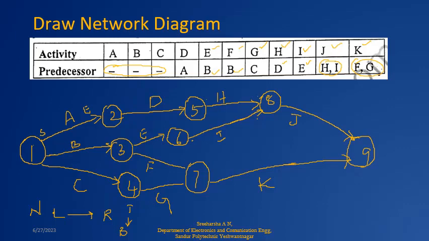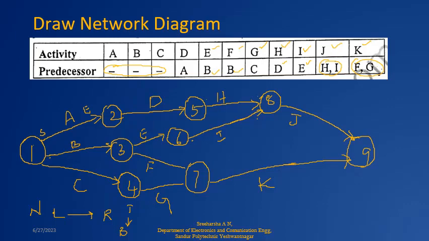There are 3 activities which run in parallel, that is A activity, B activity and C activity. Then after A, D activity. A starts here and this is the end arrow. This one is the start point, this is the end point of A. So from here D starts, okay.